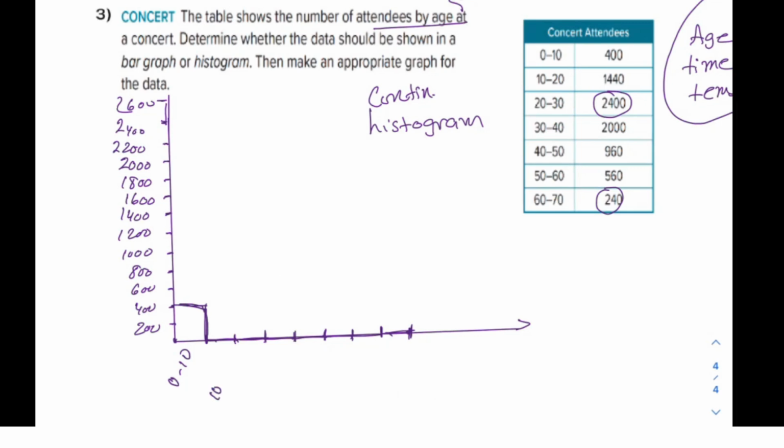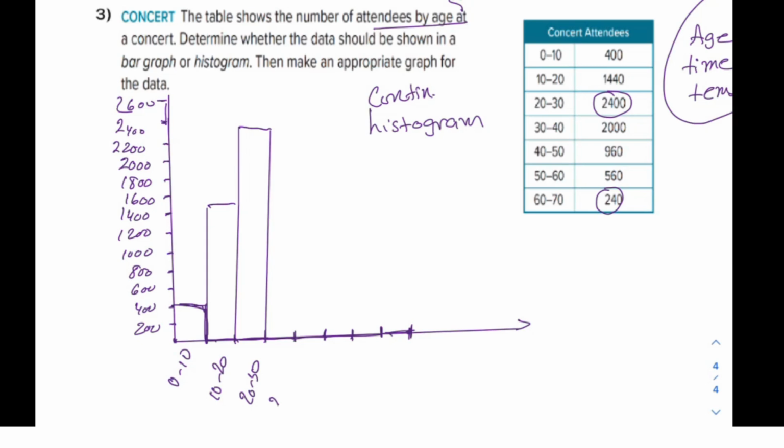Going up to a little bit more than 1,400, less than the middle, because the middle is 1,500. So we are going to stop here, approximately. Then 20 to 30, sticking to that, 2,000 until 2,400. So up to 2,400, it is continuous as you see. They are sticking to each other, touching each other.